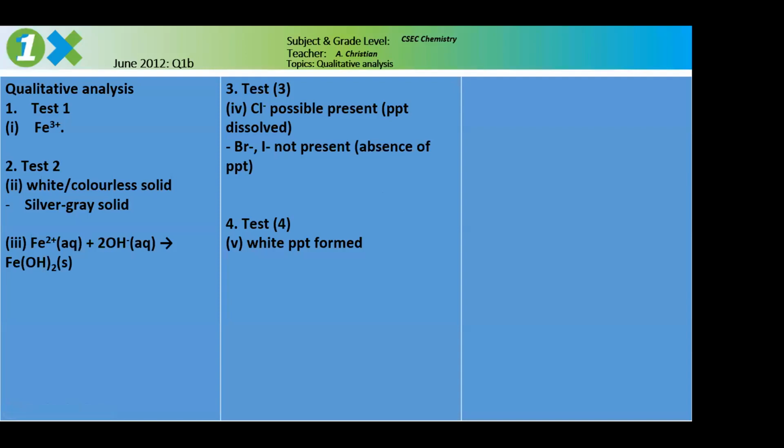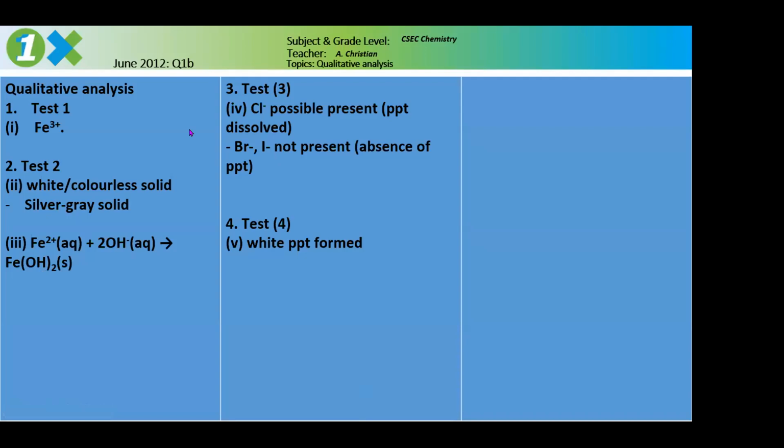All right, so let's look at it. For test one, it is iron Fe3+. We know that that one was definitely present. That's what you told me. For test two, you'd observe two things: a white or colorless solid, as well as the silver gray solid of iron. Those would settle there as well. Then when you add the sodium hydroxide, it will form iron 2 hydroxide.